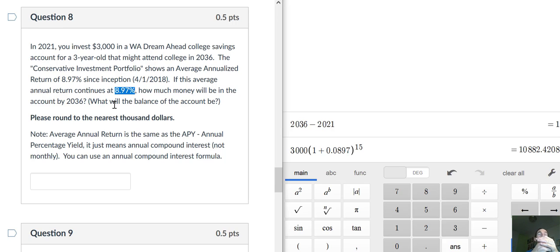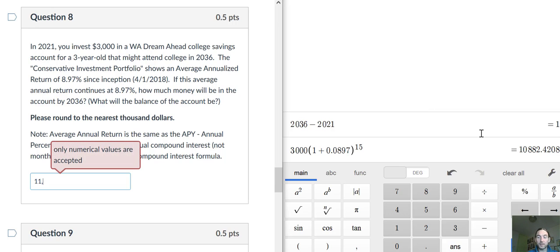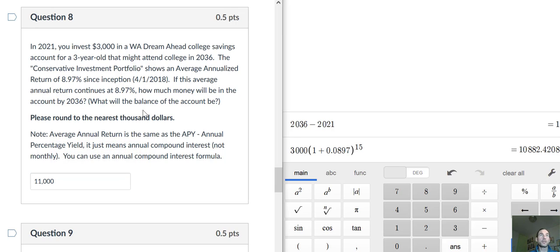Another year it could be 15%. Another year it could be 21%. The annual rate will fluctuate, right? So for me, it's smart to maybe round to perhaps the nearest $1,000, but definitely not the nearest cent or the nearest dollar. That would make no sense. So $11,000 would be the correct answer there, right?